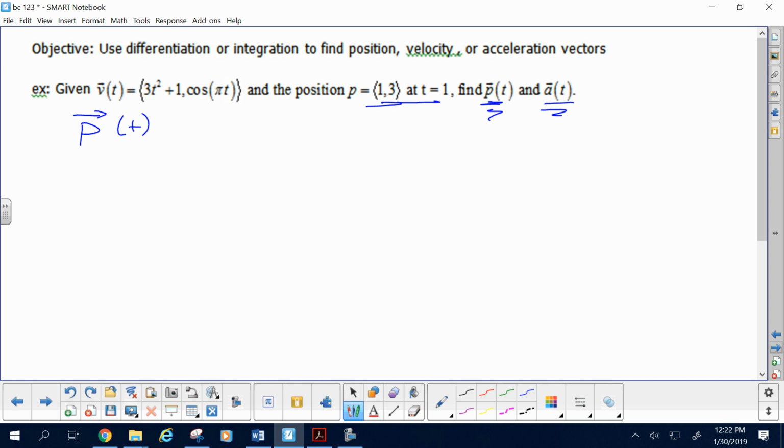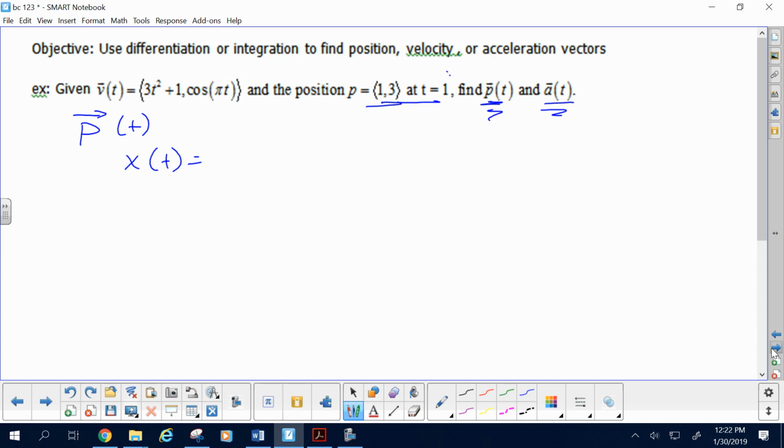Let's start with the horizontal component, x. How would you find the horizontal component? Anti-differentiate. So, and we have an initial condition. What are the two ways to integrate and use the initial condition?